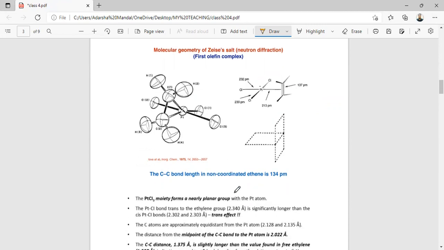So here, upon coordination to the platinum, the CC bond length of the non-coordinated ethylene is 134 pm. Upon coordination to the metal center, its bond length is increased.